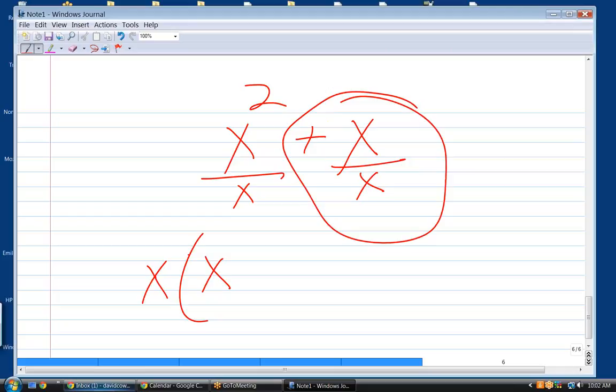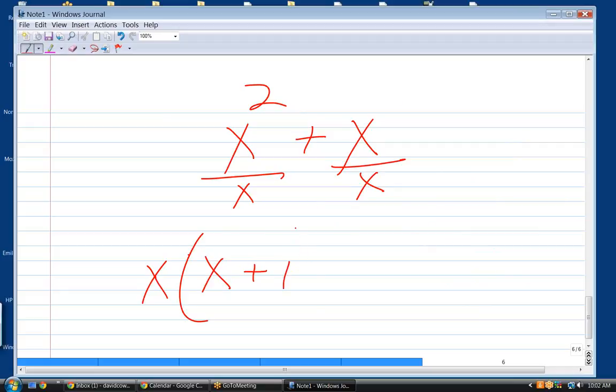In other words, I have x divided by x. It doesn't matter if it's y divided by y, or 7 divided by 7, or 19 divided by 19. Anything divided by itself is 1. So this becomes x plus 1.